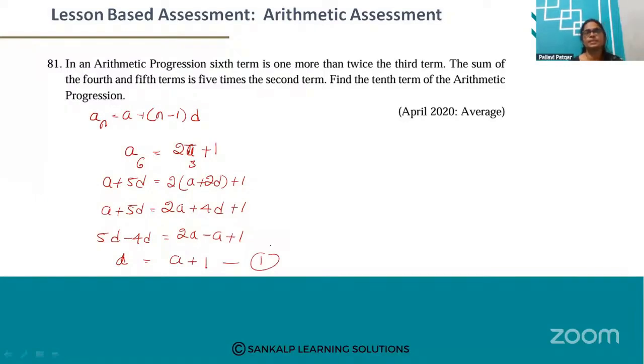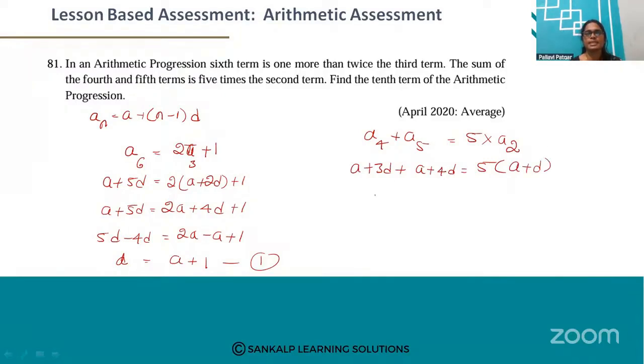So second statement, sum of the fourth and fifth term is 5 times the second term. So write this in terms of A and D. So A plus 3D plus A plus 4D is equal to 5 times the second term.